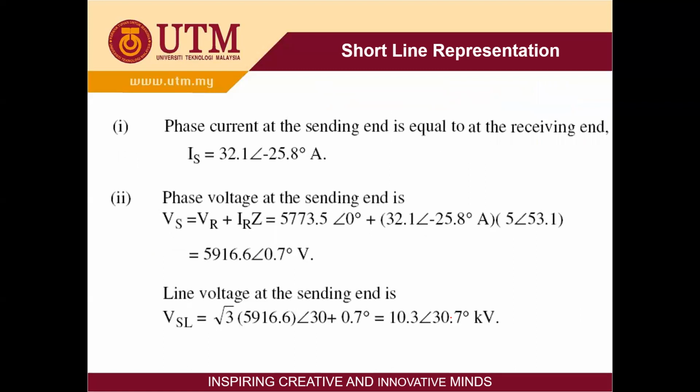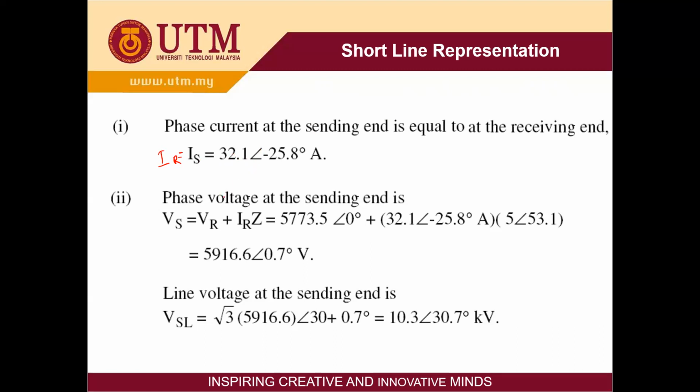And then the answer for the IS. We know that IR is equivalent to IS, so just use the IR value, which is 32.1 with an angle of negative 25.8 degrees.